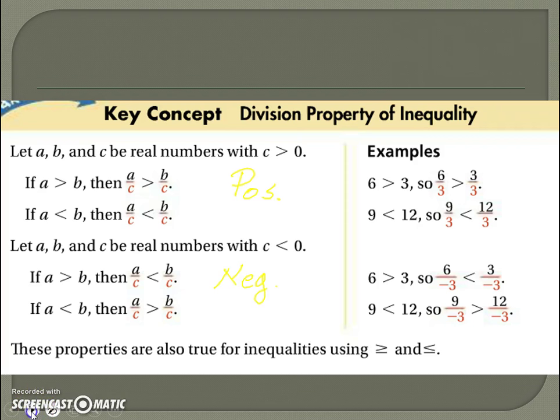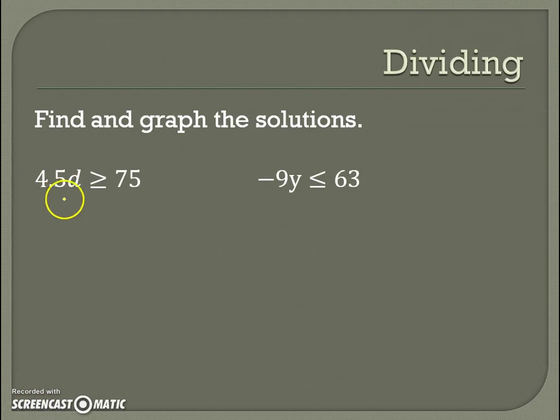Let's see how this actually plays out in algebra. So here I have 4.5D is greater than or equal to 75, so I would divide both sides by 4.5. These would cancel, and D is greater than or equal to 16.6 repeating.